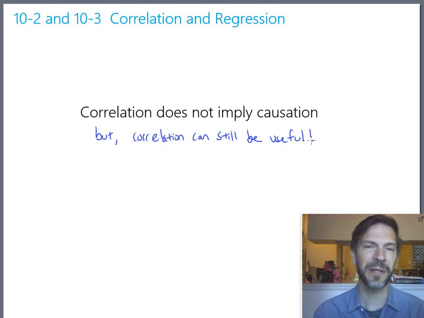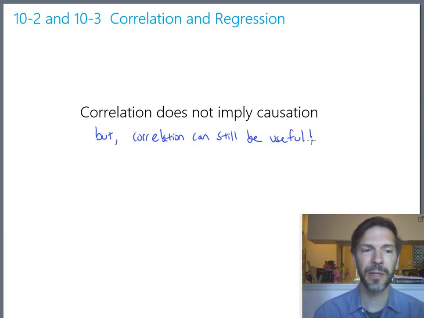Just because one thing's not causing the other thing doesn't mean we can't use one to predict the other one. If these two things go together, when I see one, I'm going to be more likely to see the other one, even if they're not causing each other. If they tend to swim together, then I can use that to make predictions.